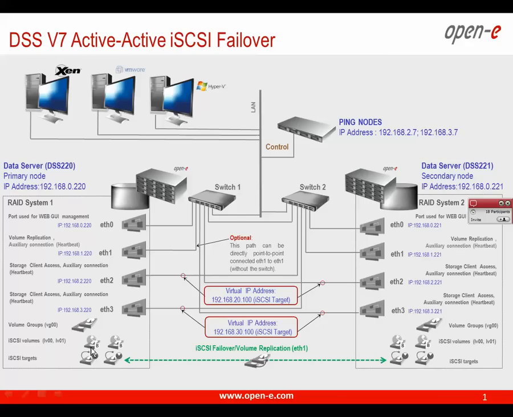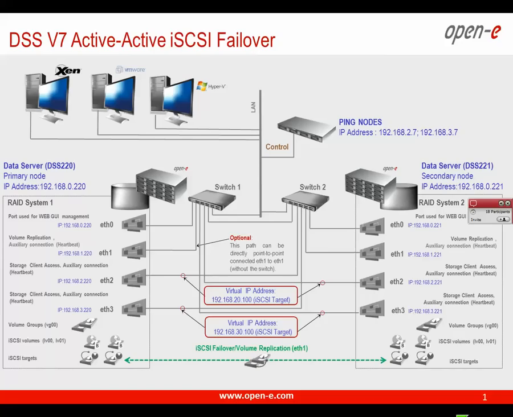The second set of volumes, in our case one single volume, will be active on the right side, so DSS 221, with another separate virtual IP. So such a cluster will show two virtual IPs, and under every virtual IP you may have one single target with a single volume, or maybe a few targets with a few volumes. That's the configuration which we introduce on our website.